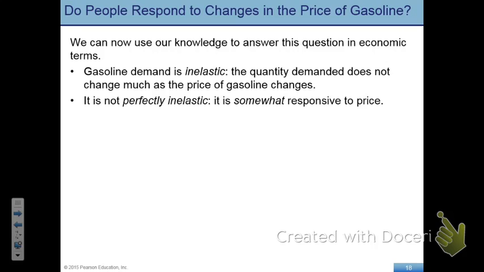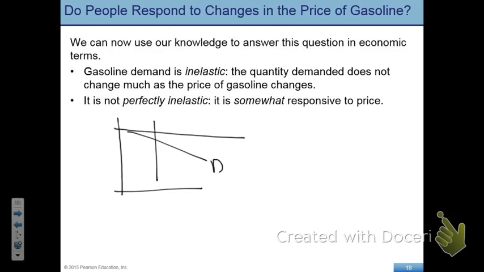Can we argue that the demand curve for gasoline looks like this, or that, or this?